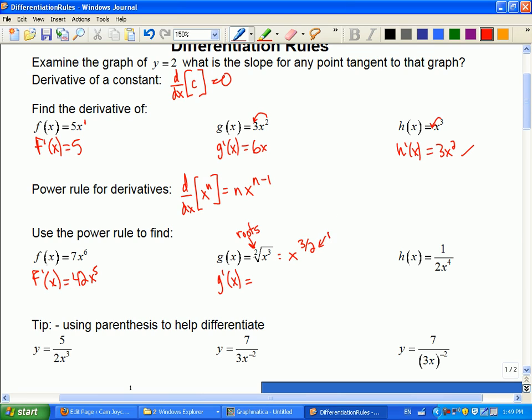So roots are underneath like a tree. So now if I do the power rule, it's going to be 3/2 x. Subtract 1, what will I get? Yeah, 1/2. So you could write this as 3/2 times root x.